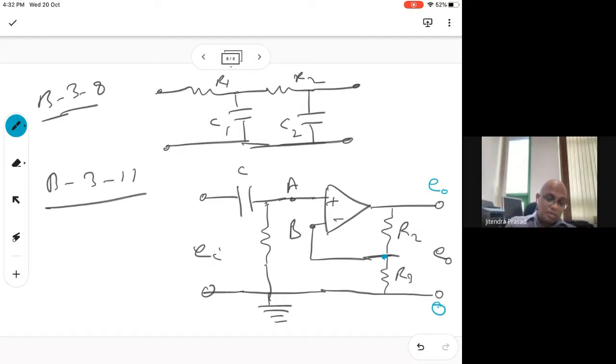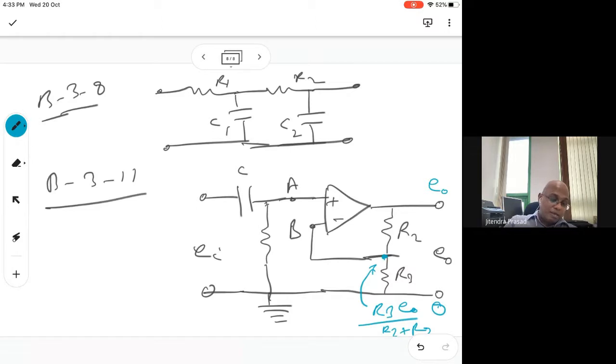So if you see from here to here, this will be simply R3 divided by R2 plus R3, right? So this voltage will be divided into two parts. One will be this voltage, another will be this, and this will be simply R3 divided by R2 plus R3 times E naught. Yeah, so this is the value here.